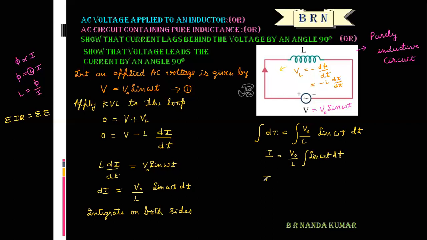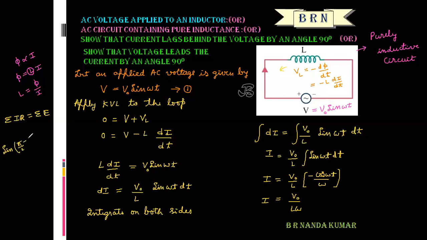So I is equal to V naught divided by L times the integration of sine omega t, that is minus cos omega t divided by omega. So V naught divided by L omega into minus cos omega t. That should be converted into sine form.